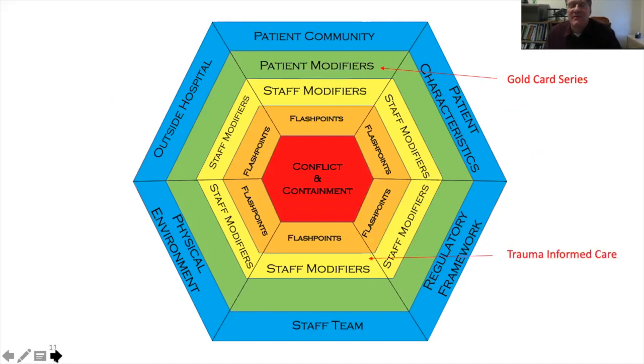So here's trauma-informed care. And in a nutshell, trauma-informed care is the idea that patients and staff as well experience life events that can have a profound effect on them, sometimes leading to PTSD, but other times leading to behaviors that manifest later in life, such as being very sensitive to authority figures, for example.